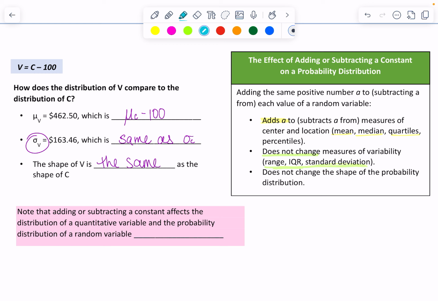And again, nothing changes the shape. So know that adding or subtracting a constant affects the distribution of quantitative variables and the probability distribution of a random variable. So this quantitative variable stuff, that was from chapter 2. This random variable stuff, that's from right now.